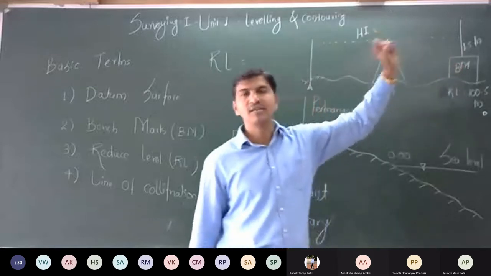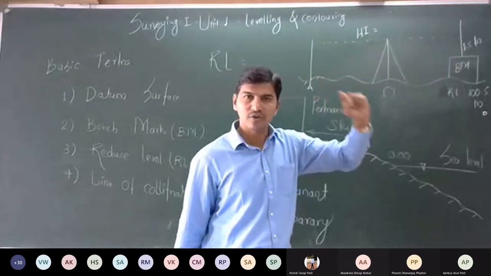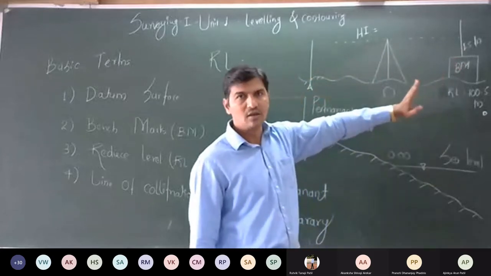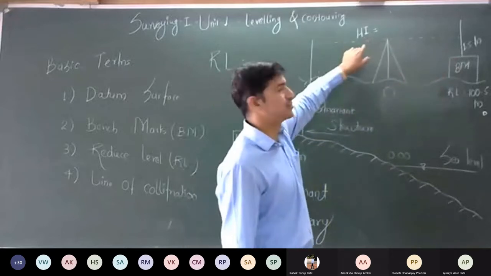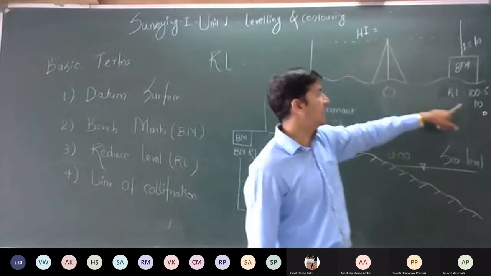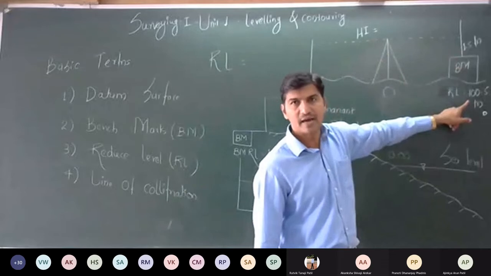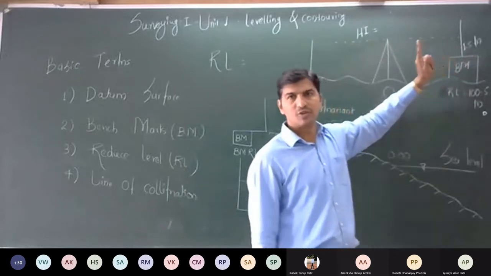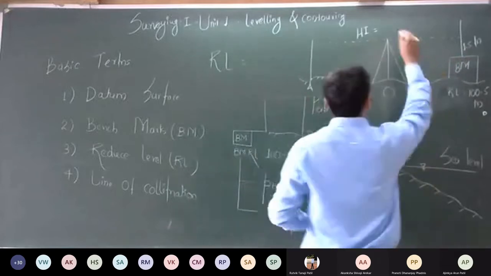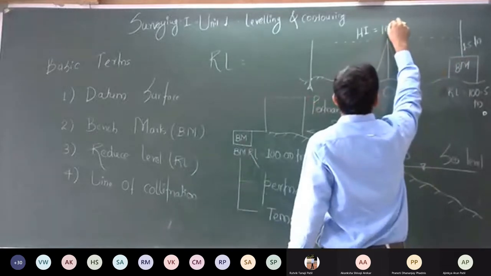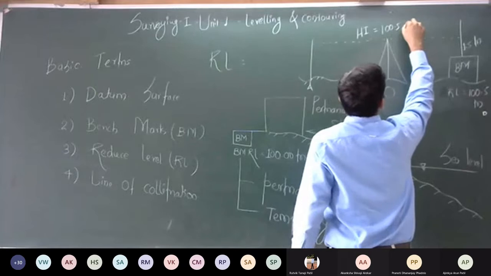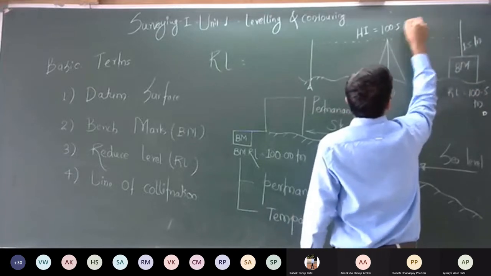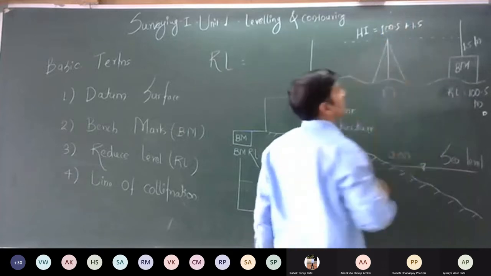All of you, please focus on the basics of finding the RL. Height of instrument is benchmark RL plus the reading on the benchmark. In our case, benchmark RL is 100.5 plus the first reading on the benchmark, 1.5.